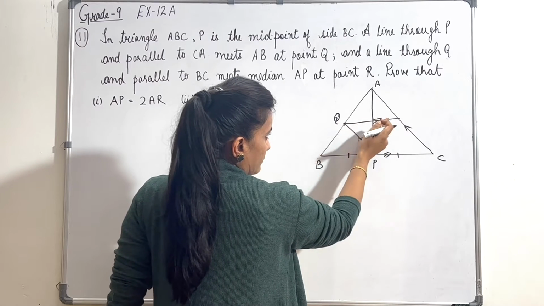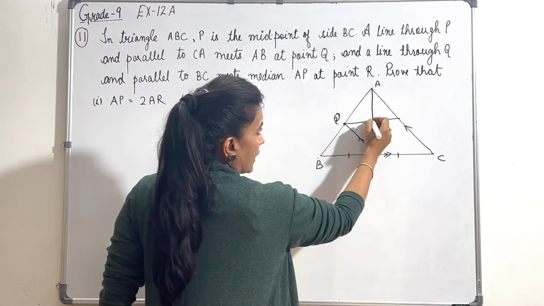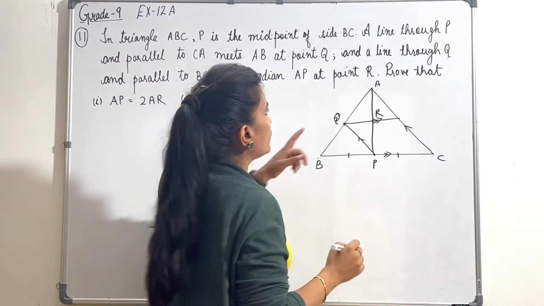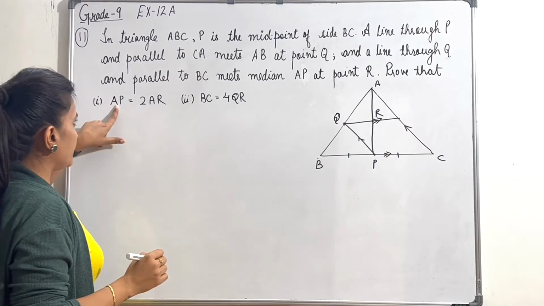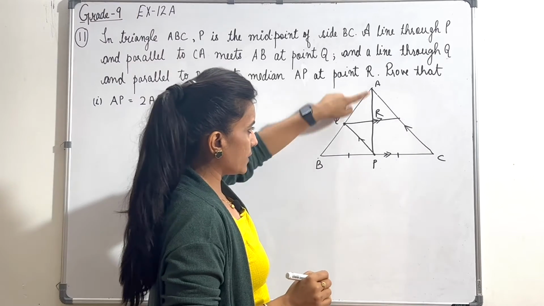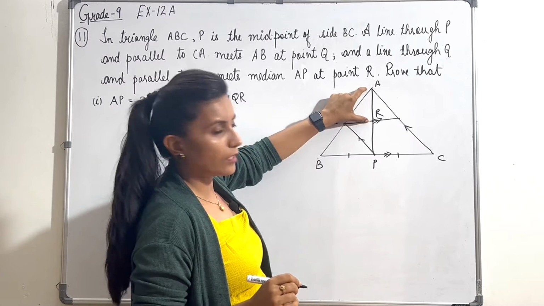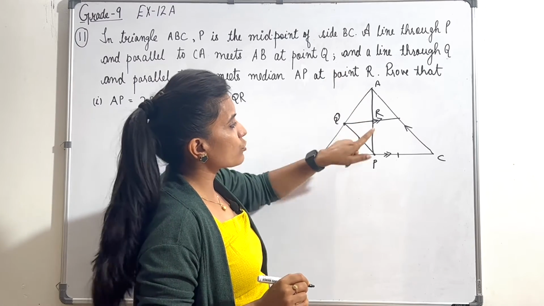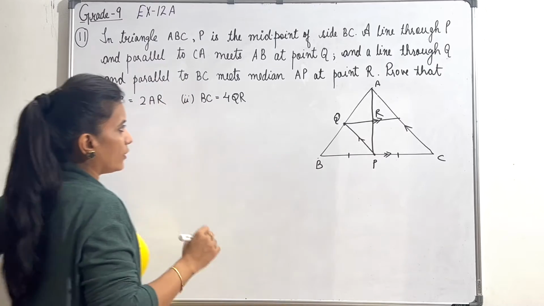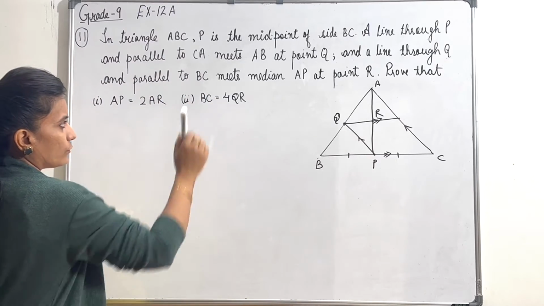This point is R. Now you have to prove that AP is equal to twice of AR. It means you have to show that R is the midpoint of AP. And also you have to show BC is equal to 4QR.